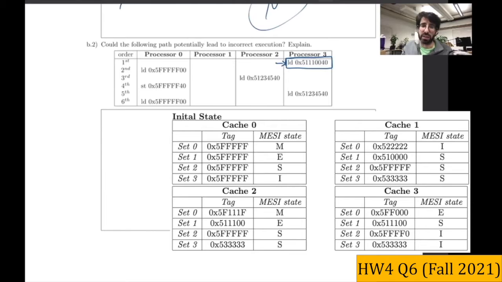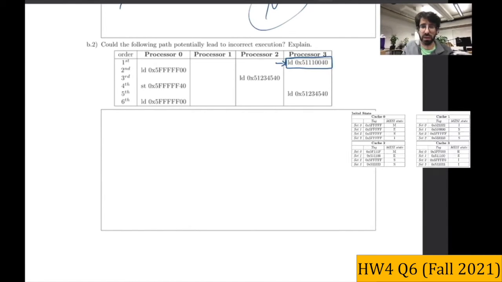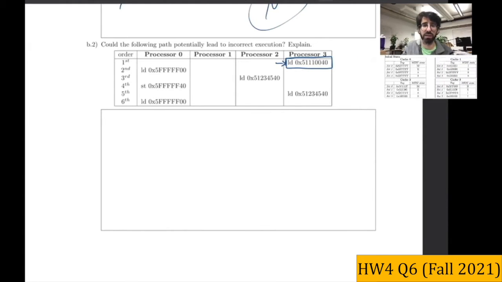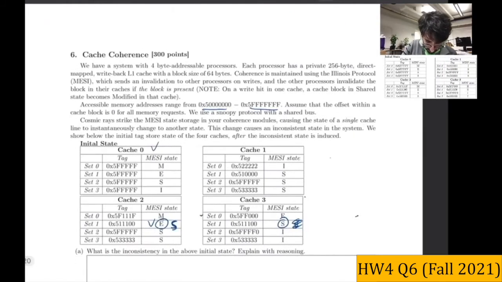It is in set 1, and the tag is basically this instruction at the beginning. So basically we are loading this address.